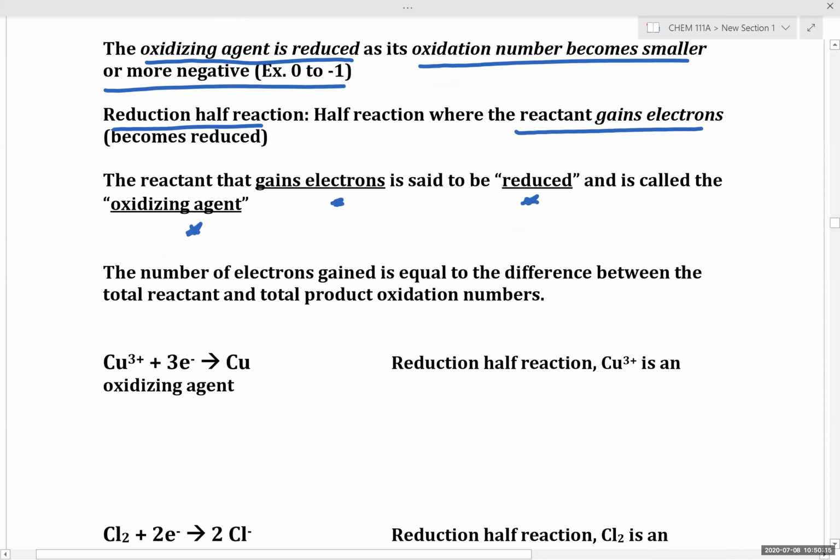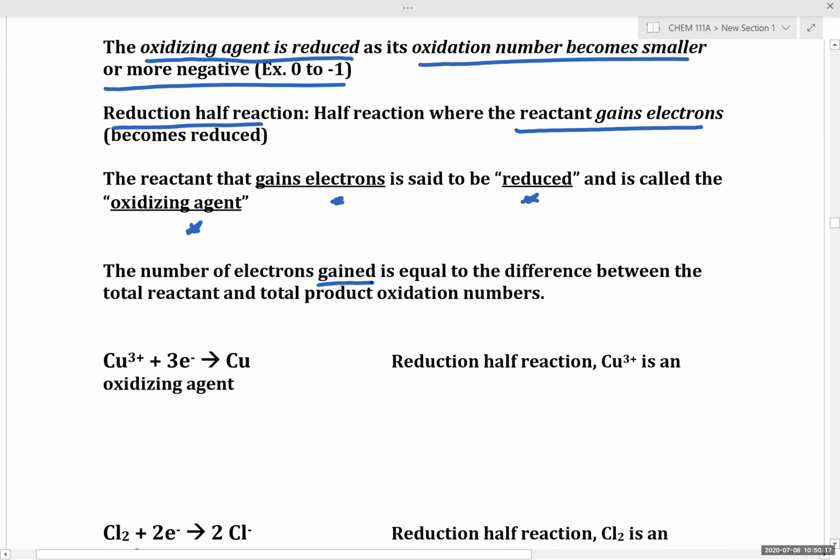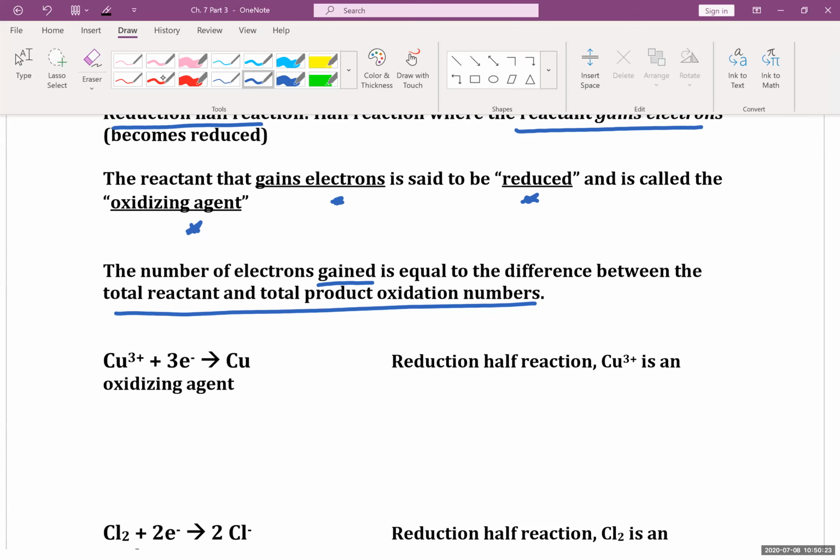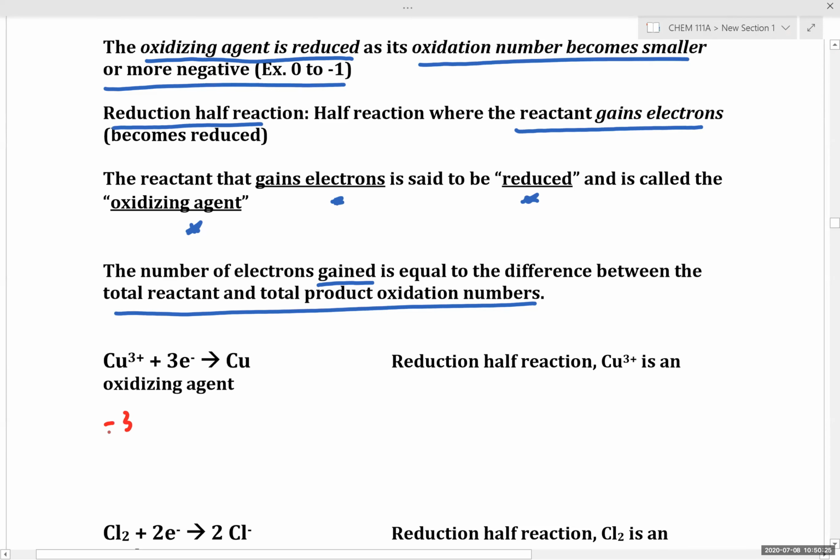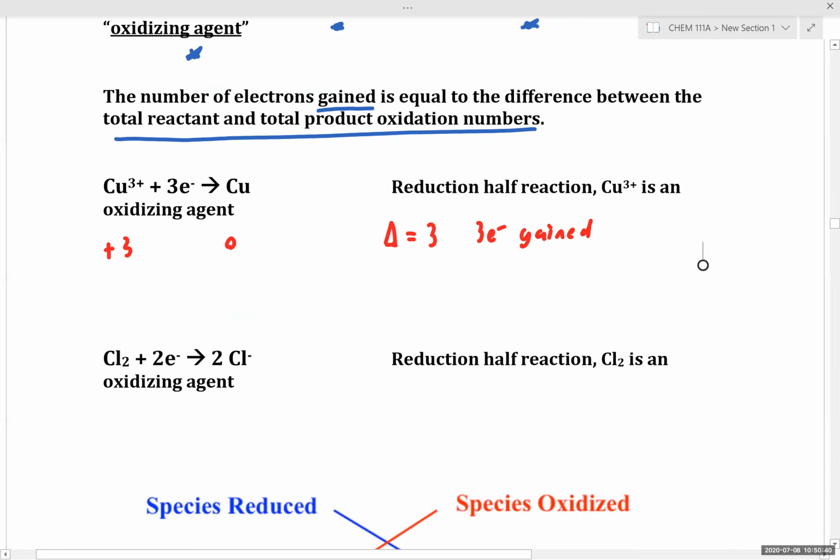Again, the number of electrons gained is equal to the difference between the total reactant and product oxidation numbers. So in this case, if we go from +3 to 0, our difference, if we take the final minus initial, is equal to 3. So we have 3 electrons gained. Likewise, from chlorine to chloride, we went from 0 to -1.